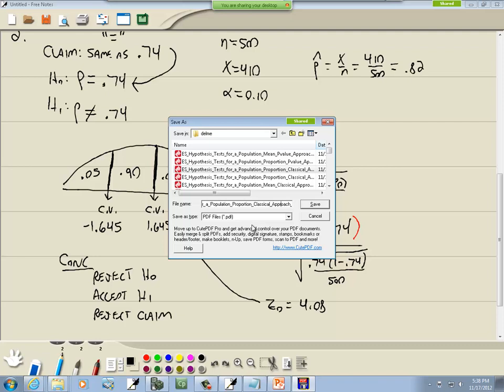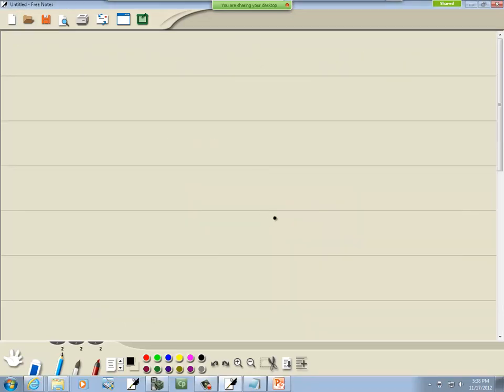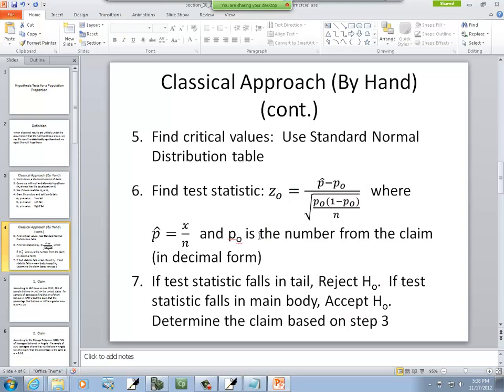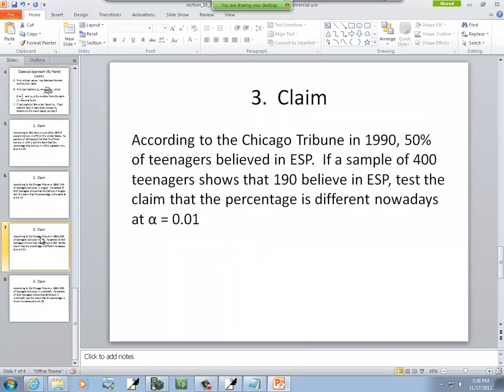I'm using the classic approach. That's true. T84, that's not true. This is by hand. This will be page 01.pdf. There we go. Let's look at the next problem.